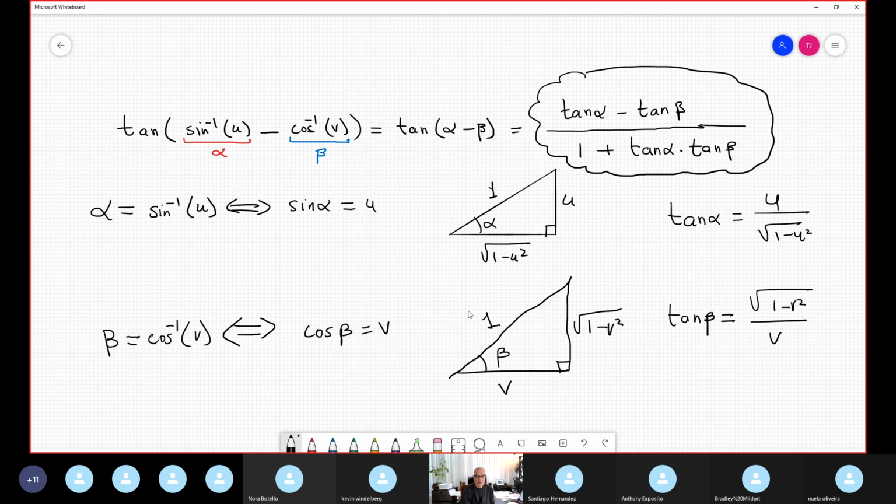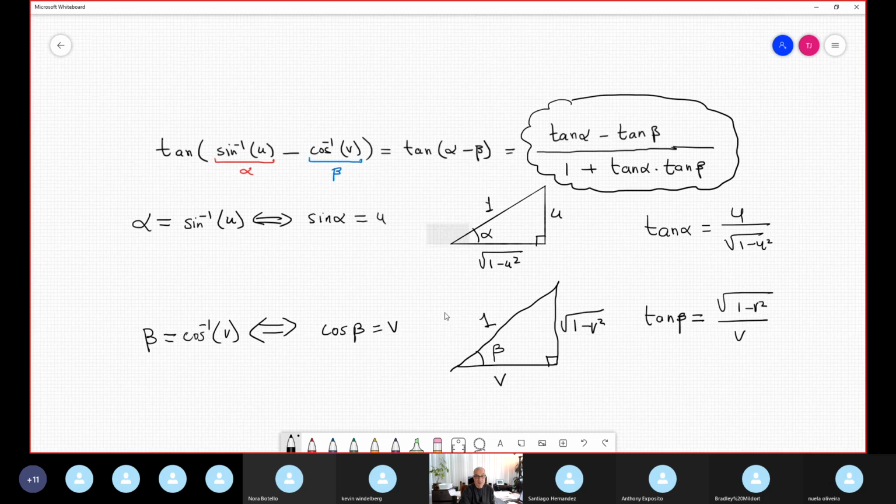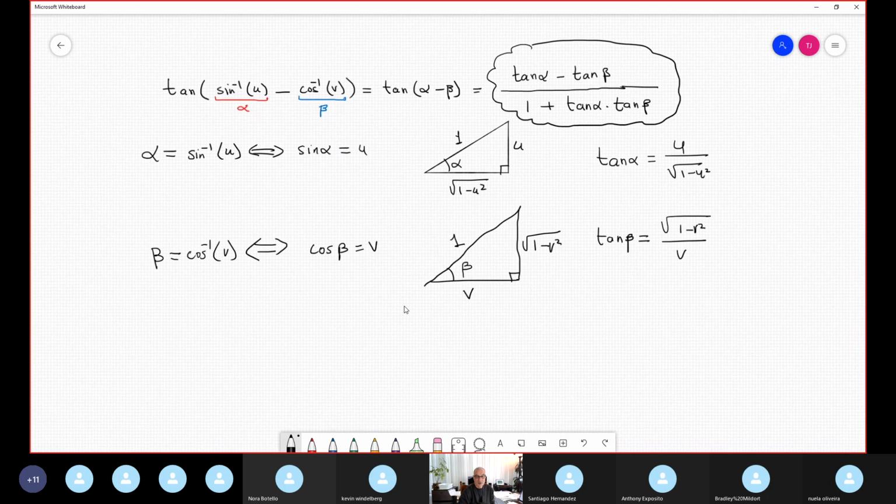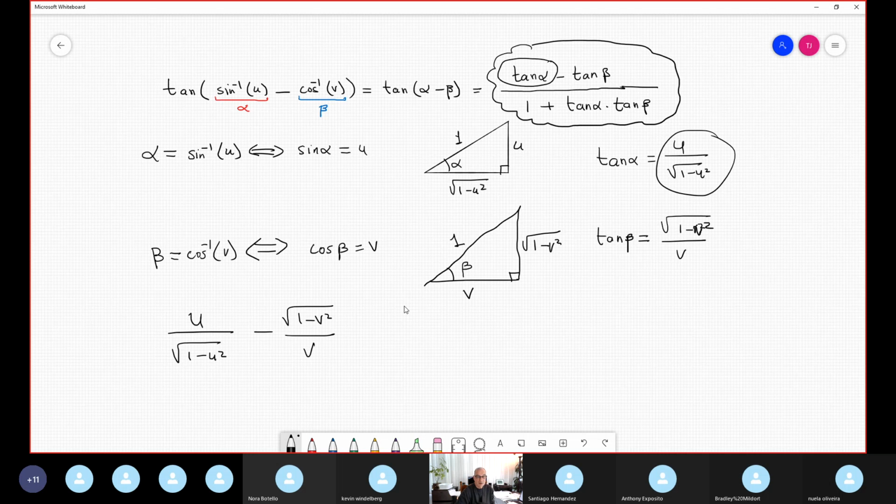Okay, so I'm ready to substitute and manipulate the expression a little bit algebraically in order to make it more elegant, but it doesn't matter. Entonces, tangent alpha, who is tangent alpha? This is tangent alpha: u over square root 1 minus u squared. Minus tangent beta, square root 1 minus b squared over b.